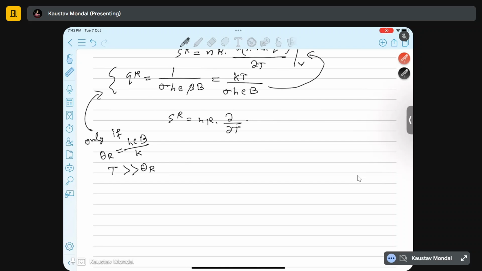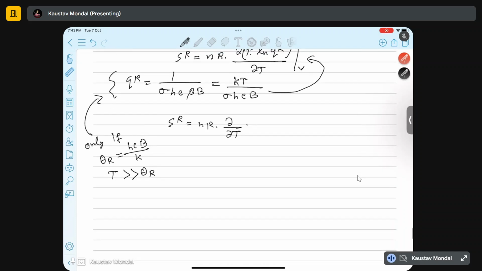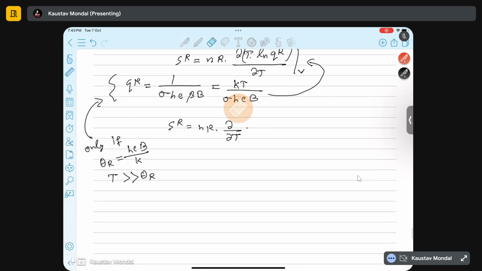So let's for the time being assume that this condition is true, and substitute this expression of QR into this equation of SR.